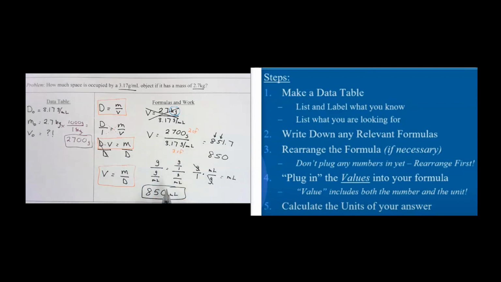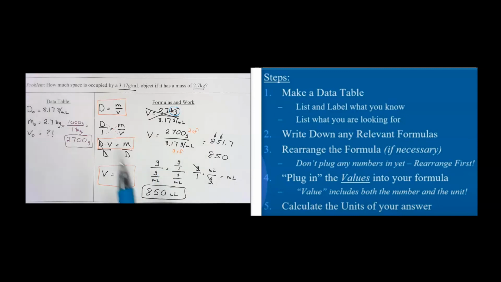Your final answer with the unit is 6. Okay, so we're at least at 6 points for this whole process. If you don't show any of this work and you just show up with 850 milliliters on your paper, you're going to get 1 point out of 6. Okay, so it's not just getting the final answer. I mean, of course, that's important. It's the process you go through along the way.